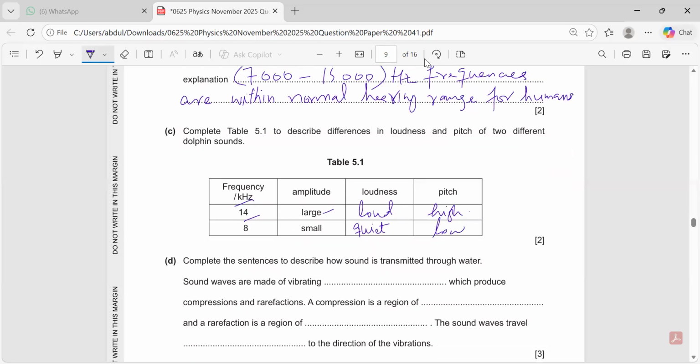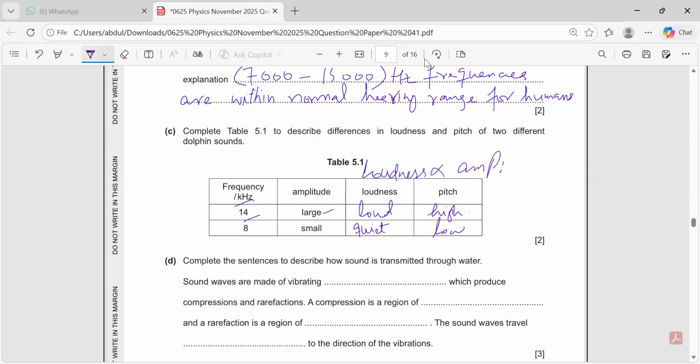Why so? Because loudness of sound is directly proportional to the amplitude of the vibrating body. I'm not writing it completely, but just like this. Loudness is directly proportional to amplitude. If the amplitude is large, sound will be loud. Amplitude small, sound will be less loud or quiet. Similarly, pitch is directly proportional to frequency.